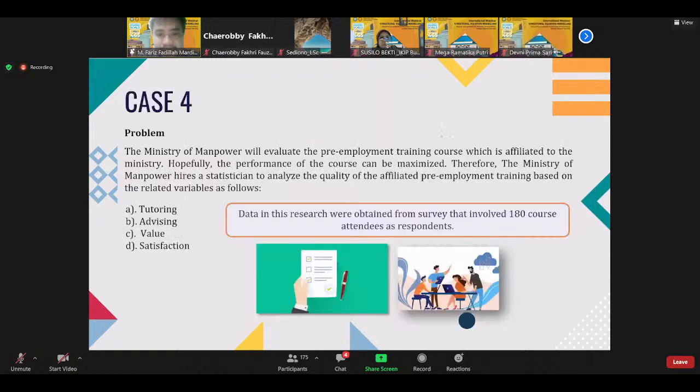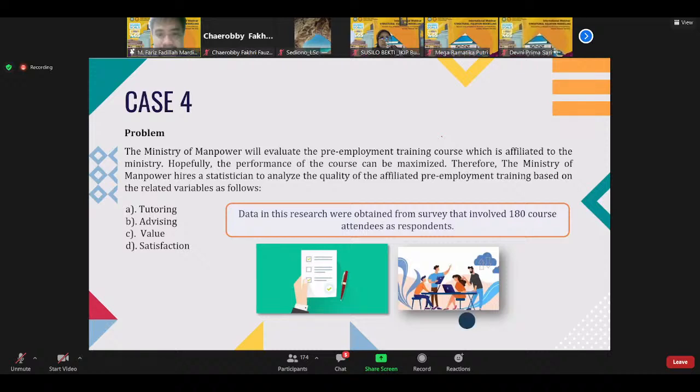Okay, this is the last example about structural equation modeling partial least squares. The Ministry of Manpower in Indonesia will evaluate the pre-employment training course which is affiliated to the ministry, about the labor area. Hopefully, the performance of the course can be maximized.